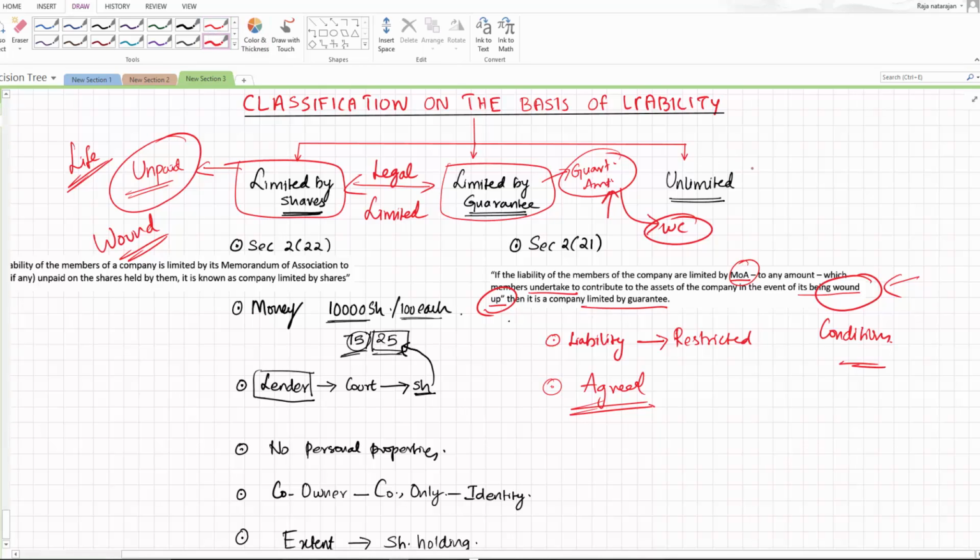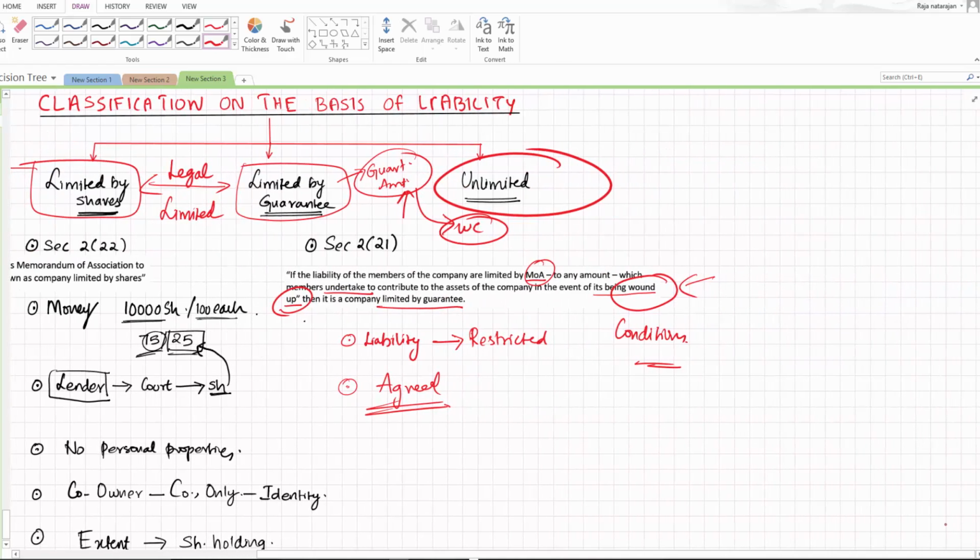Fine. Then we know there is a third classification called unlimited company. Now let's understand this. The definition is available in section 2, subsection 92. What does that section say? An unlimited company is a company not having any limit.